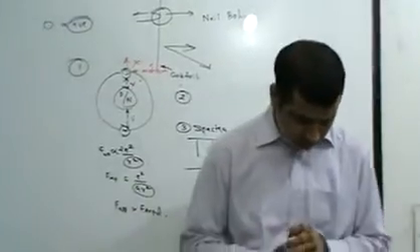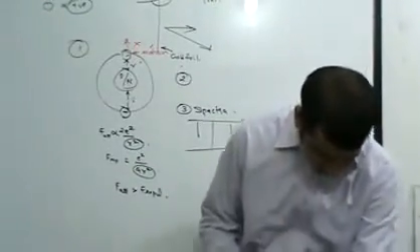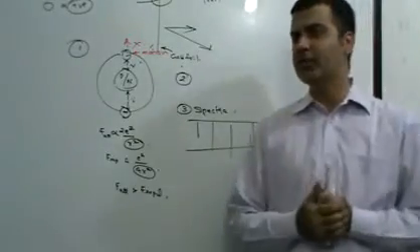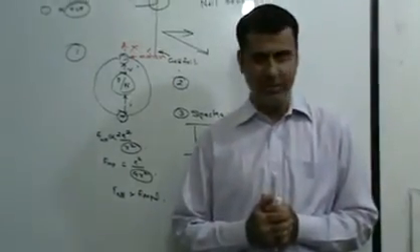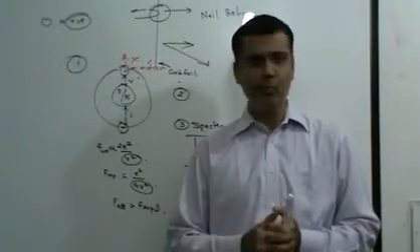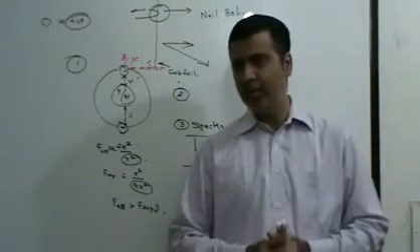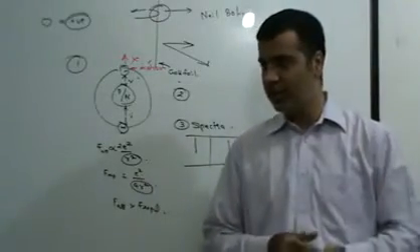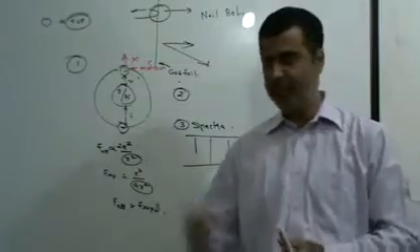What do we mean by quantum? According to him, any object cannot continuously absorb or give out energy. You will say, sir, what rubbish? The light is continuously giving out energy. Very simple.